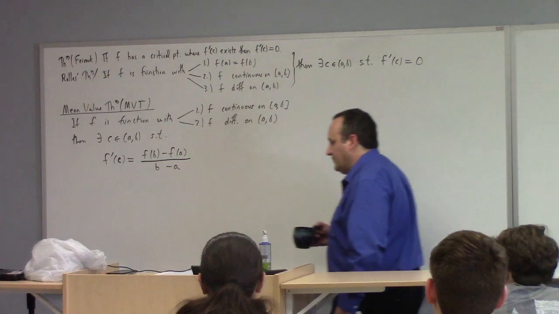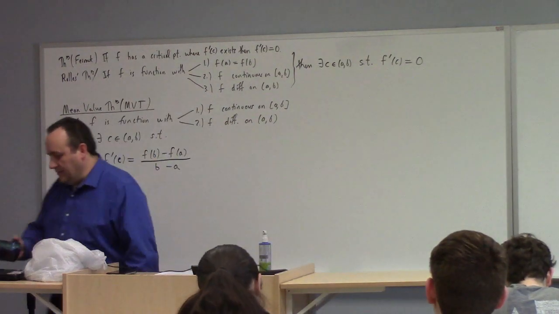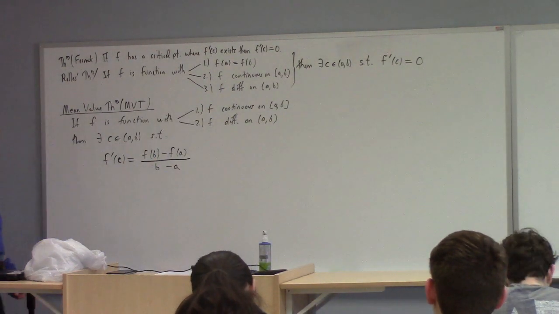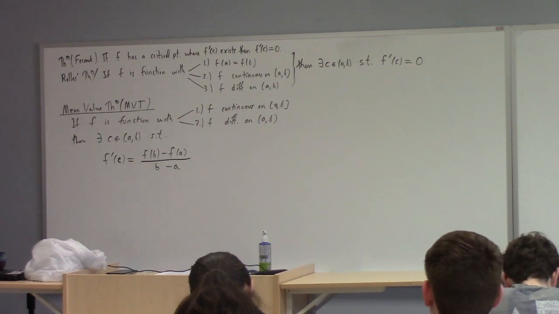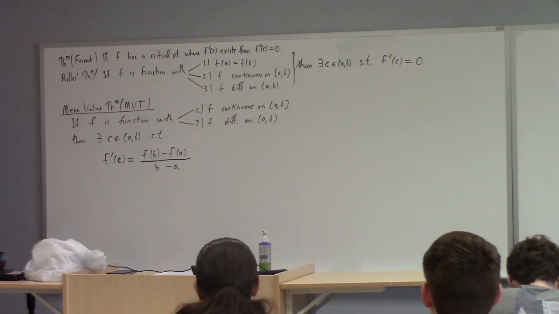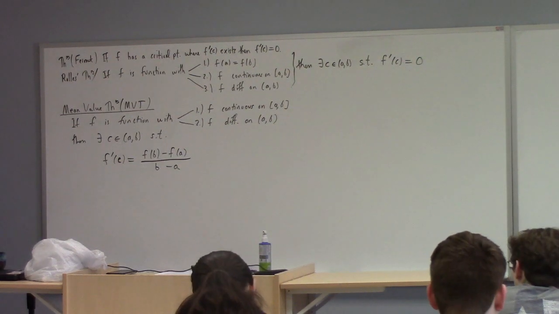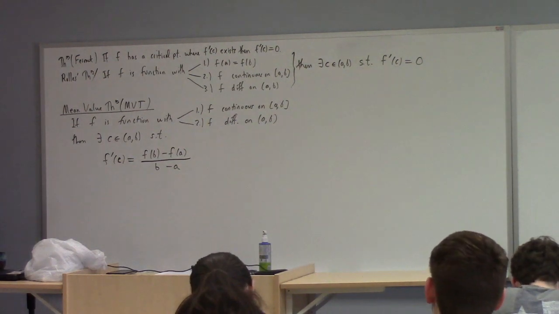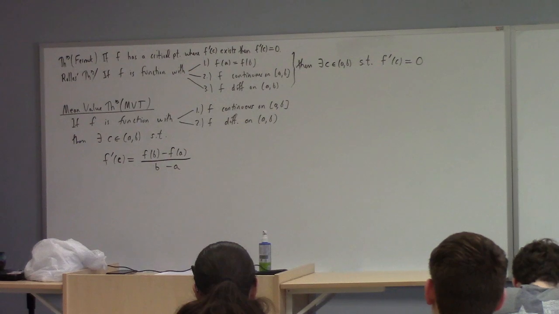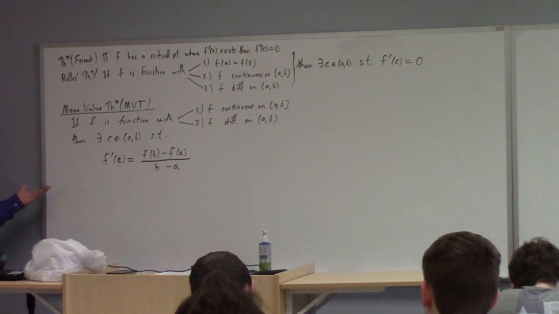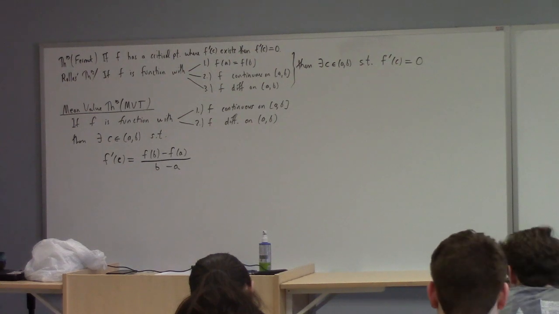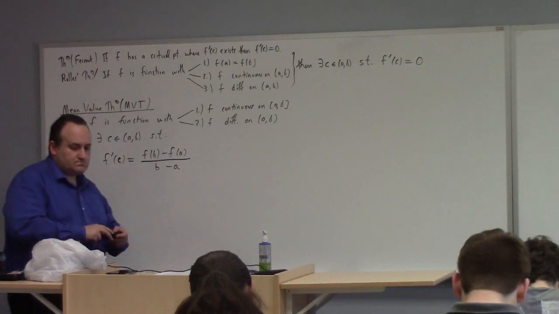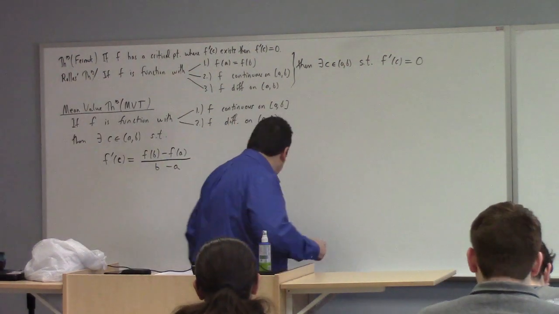If you want to remember it succinctly, all the mean value theorem says is that for a function which is continuous and differentiable on a closed interval and the open interval respectively, there exists a point such that the average rate of change is equal to the instantaneous rate of change over that interval. That's what it says. Now, that's just a quick review of yesterday.